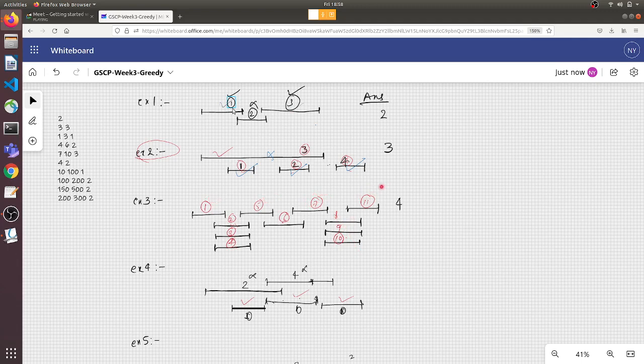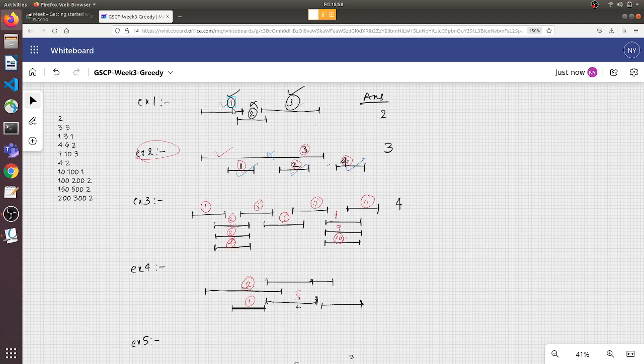For example number 4, again I will use the eraser and rub these. I will write the sorted order here. So the minimum departure time is this one, then second is this, third, fourth and fifth.